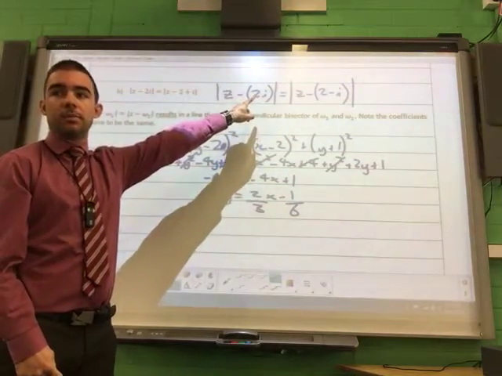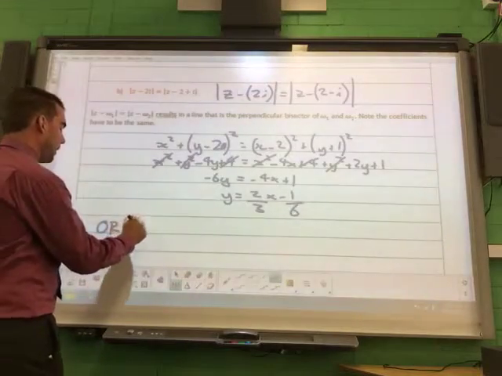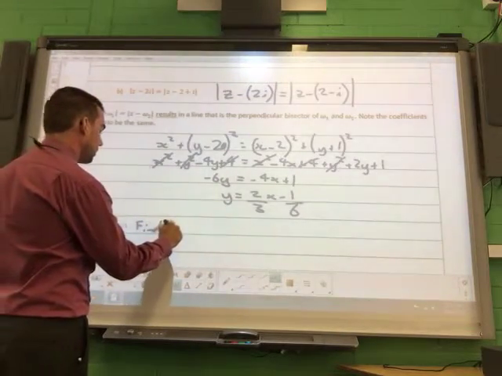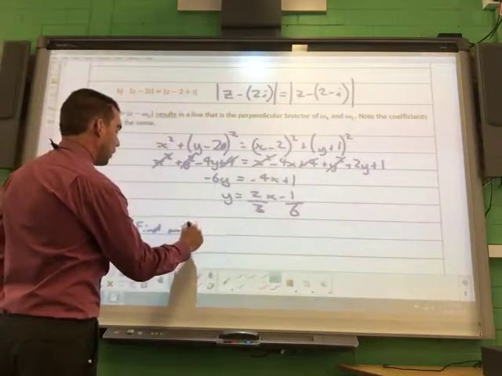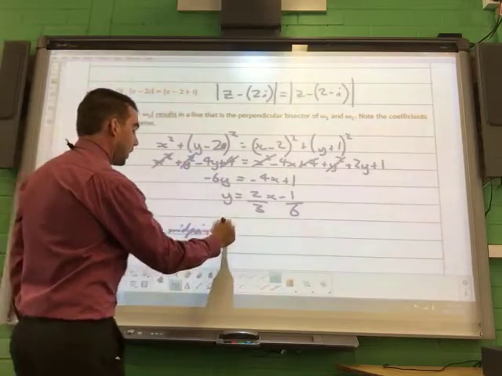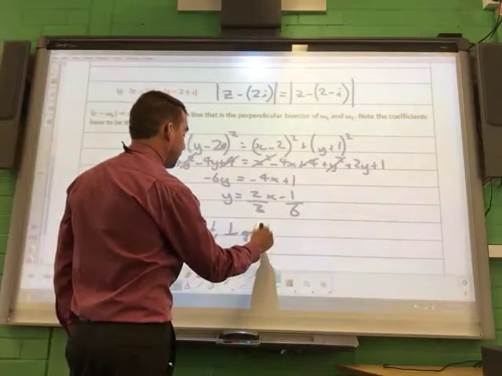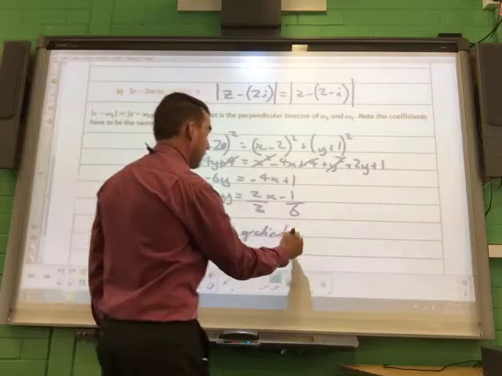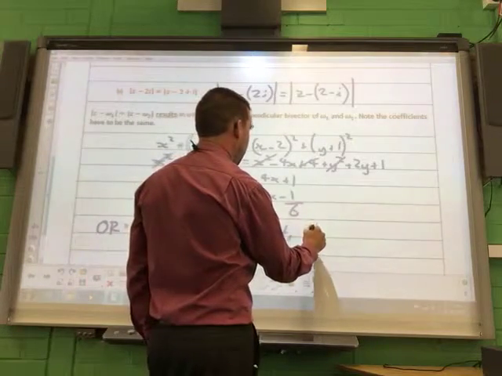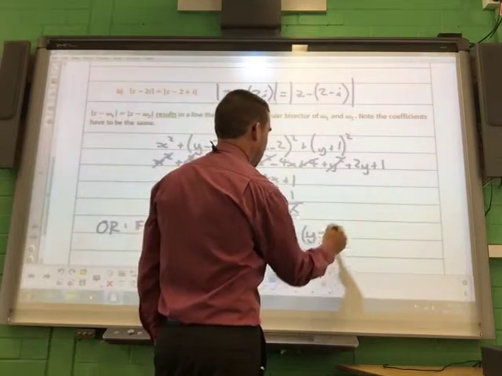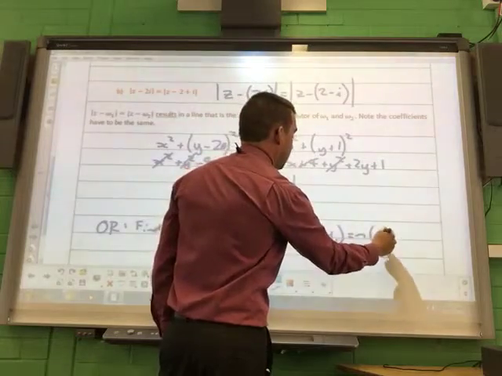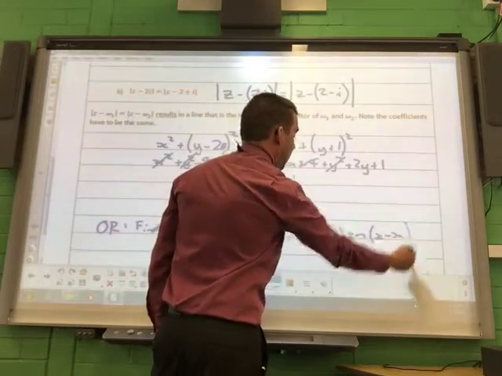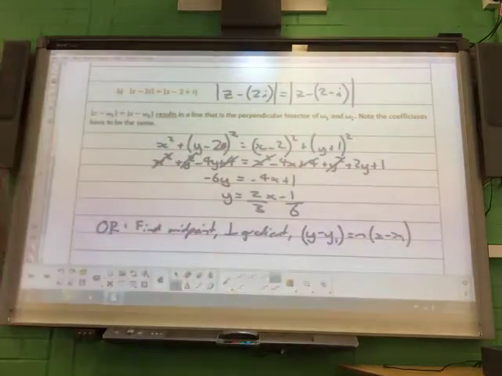Okay, so we find the midpoint, find the perpendicular gradient, and substitute in the point gradient formula, so y take away y1 is m outside of x take away x1, and we'll get the same equation.